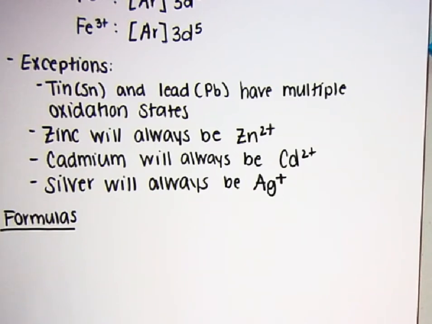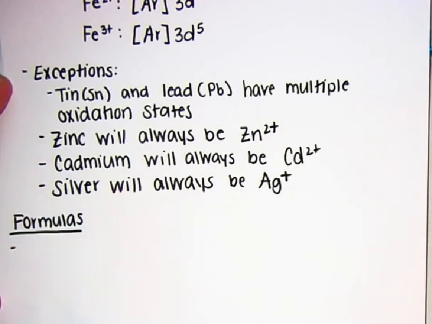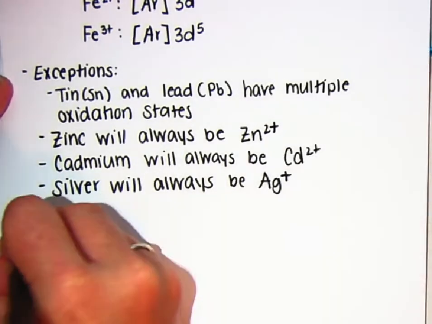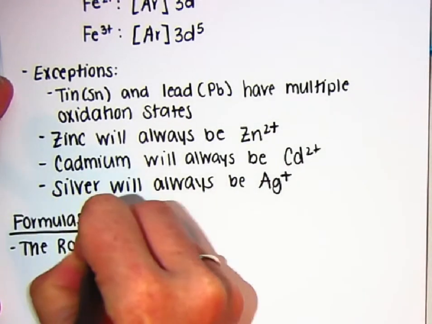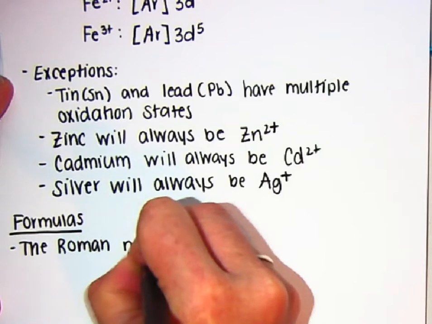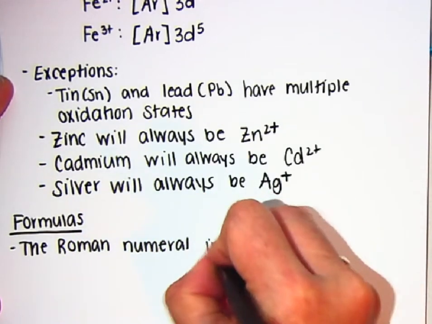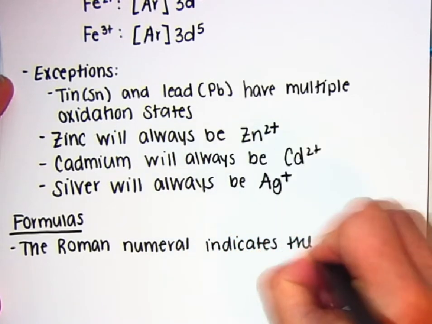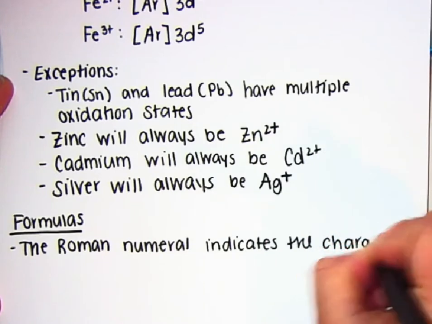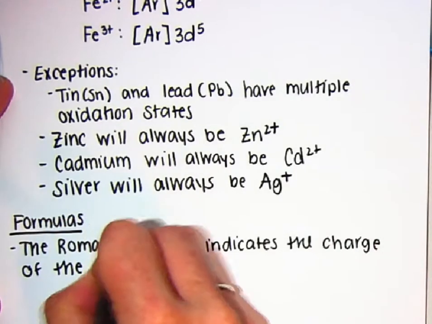Ionic compounds are always neutral, so we need to make sure we have the correct ratio. When you're looking at the names, you're going to notice that there is a Roman numeral. So we need to know what that is. The Roman numeral indicates the charge of the cation.